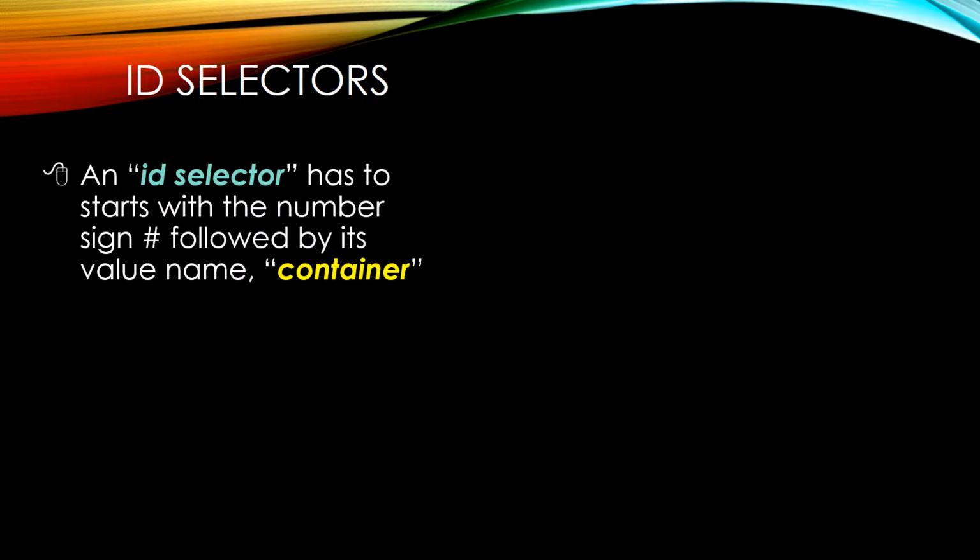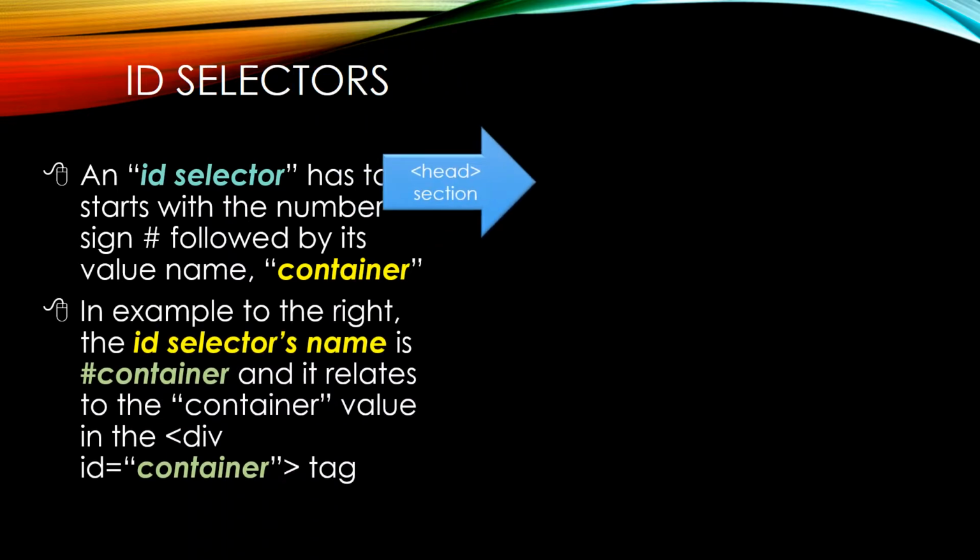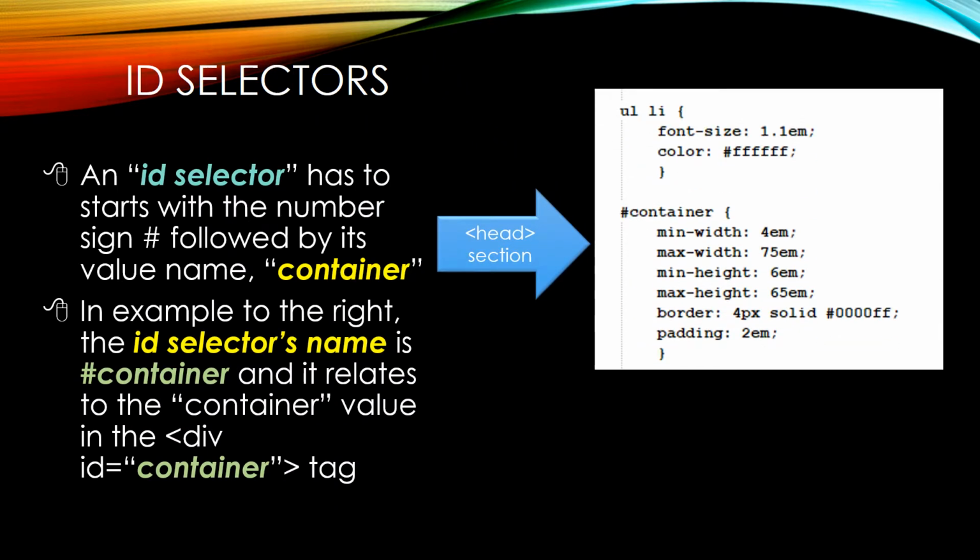An ID selector has to start with the number sign followed by the value container. In the example to the right, the ID selector's name is number container and it relates to the container value name in the div ID equals container tag.